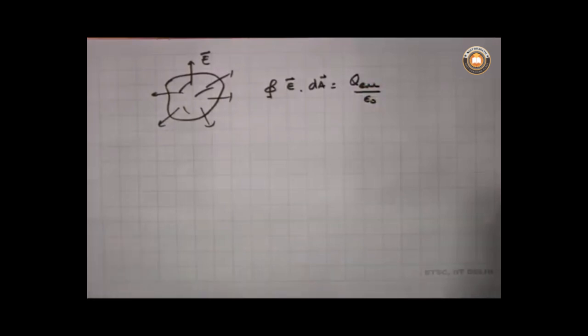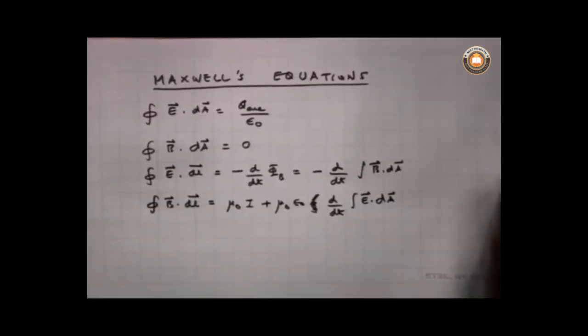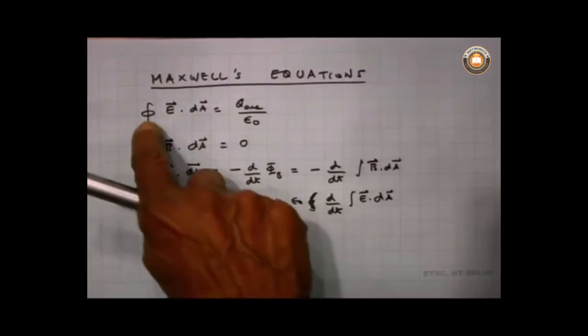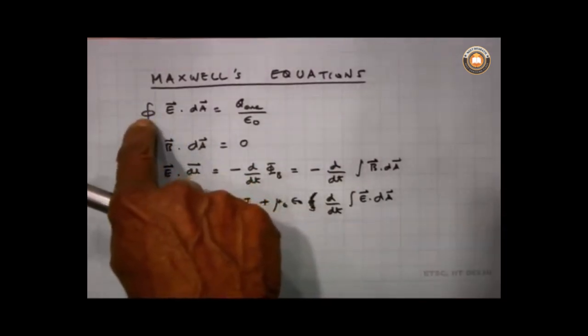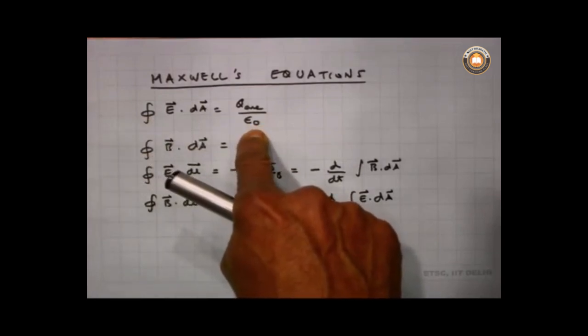So the first equation says that the net electric flux coming out from a closed surface must be equal to the charge enclosed divided by epsilon 0.